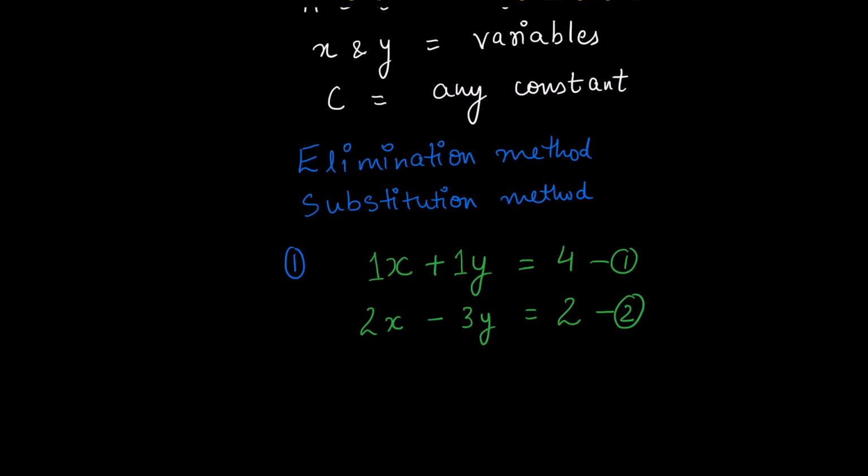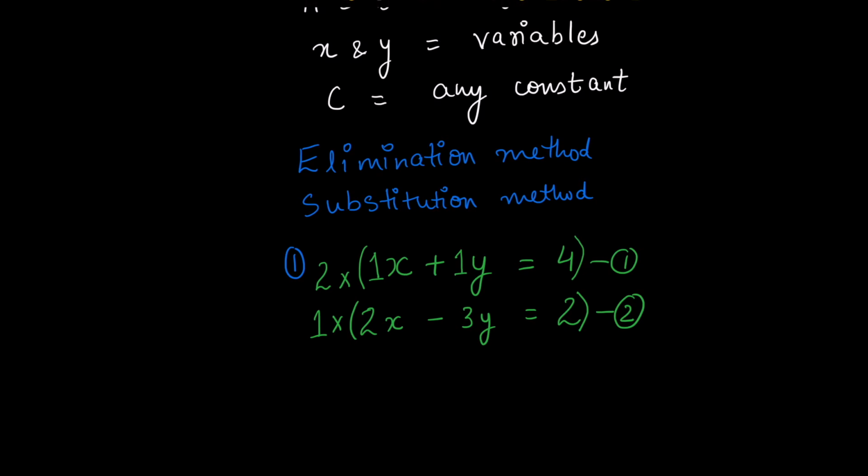How will we do that? Since in the first equation the coefficient is 1, in order to make the coefficient 2, we will multiply this whole equation by 2. In the second equation, we will multiply by 1.